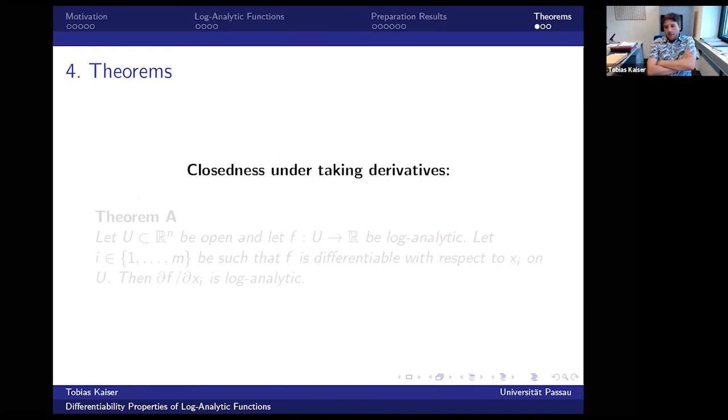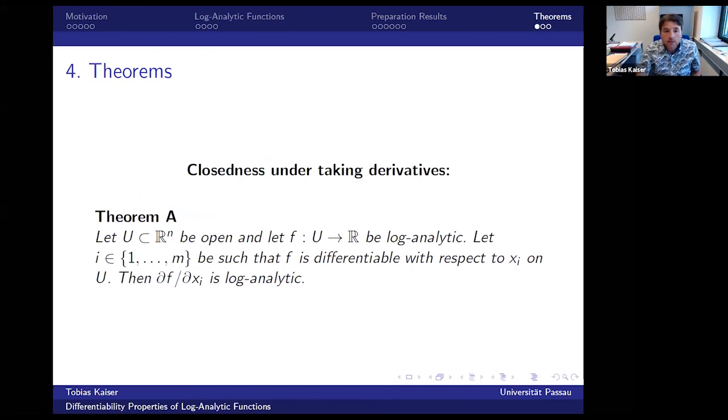Here we come to the theorems. The first one is closedness under taking derivatives. So let U be an open set in R^n, and let F from U to R be log-analytic. So U is of course definable here.